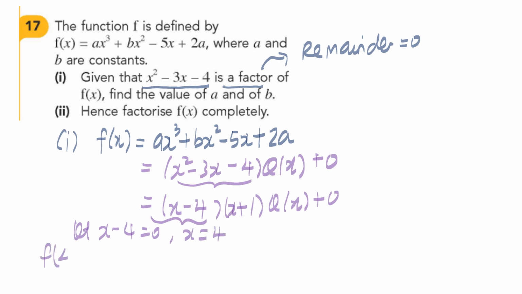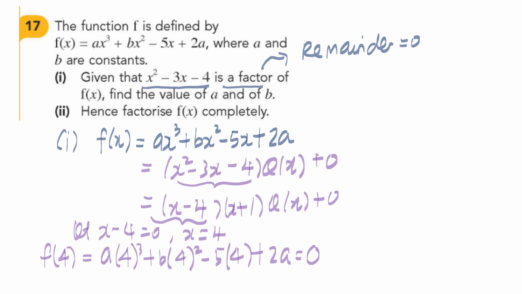So f of 4 will give you a bracket 4 to the power of 3 plus b bracket 4 to the power of 2 minus 5 bracket 4 plus 2a, and this is equal to our remainder, which is 0. 4 to the power of 3 is 64a, 4 squared is 16.